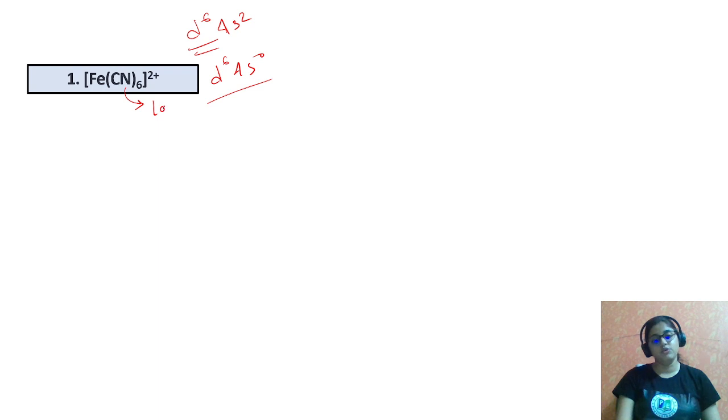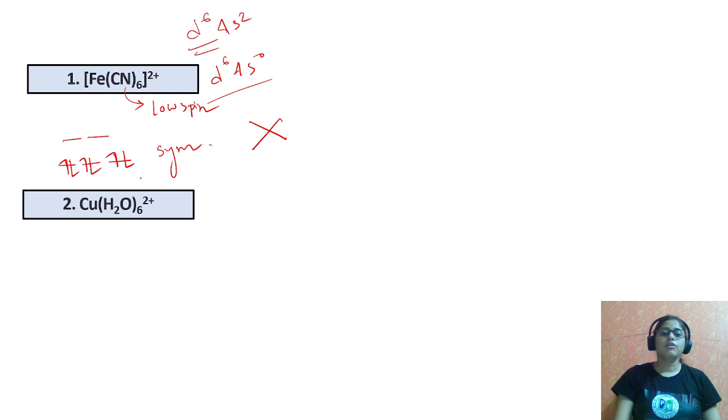So it will be a low spin complex. Means pairing will happen. T2G and EG, it will be filled like 1, 2, 3. Then again pairing will happen 4, 5, 6. It will be symmetrical. So no distortion.